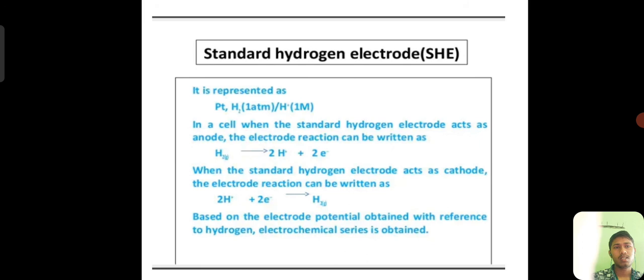When it acts as a cathode, the electrode reaction can be written as 2H plus plus 2 electrons gives H2. Based on the electrode potentials obtained with reference to the hydrogen electrode, the electrochemical series is obtained.